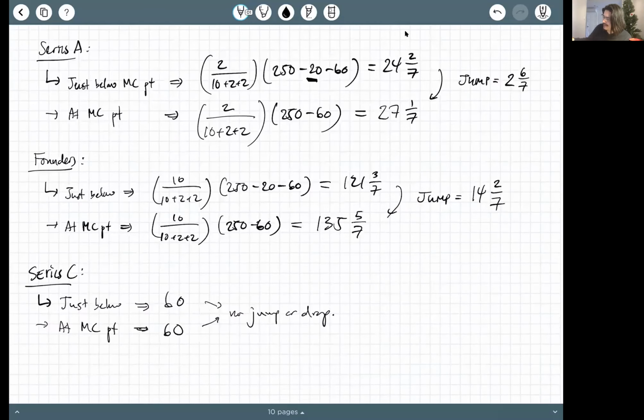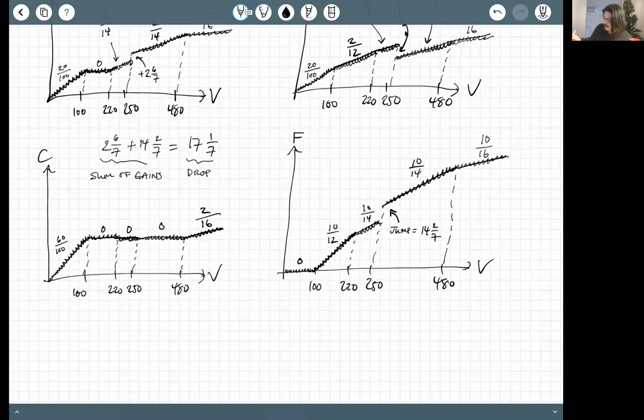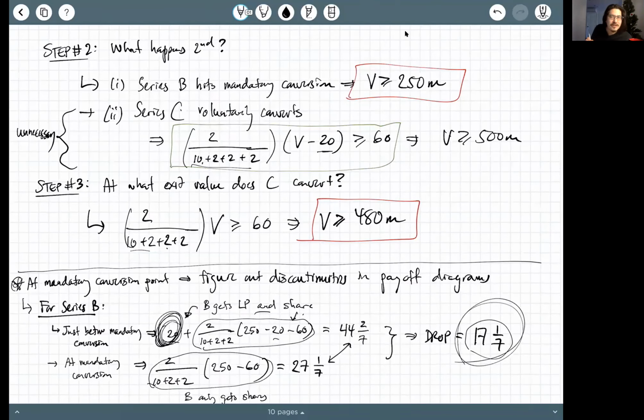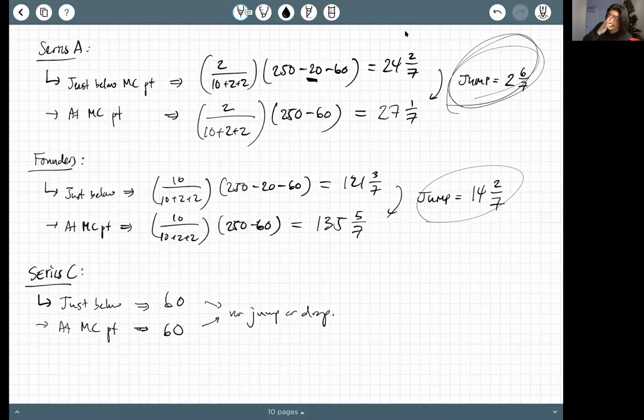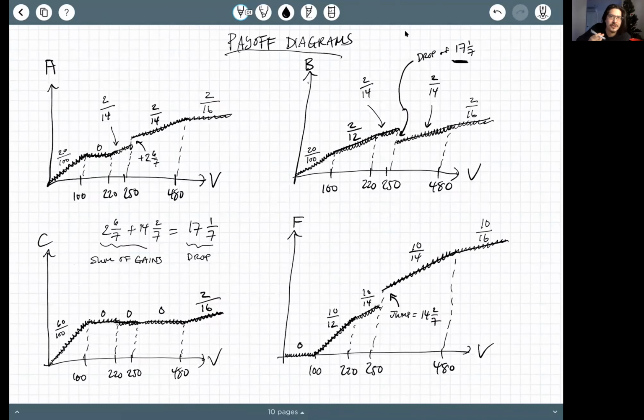And so what that also means is, if you want to save time and don't want to go through this calculation and then this calculation all over again, what you could have done is step 1, get this first. Step 2, get this second, and then just take the difference between those two numbers, and that would give you exactly this number. So you can skip the last calculation by just taking the drop minus all the gains you've calculated so far, all the jumps. So absolutely, that's something you can do as a time-saving trick.